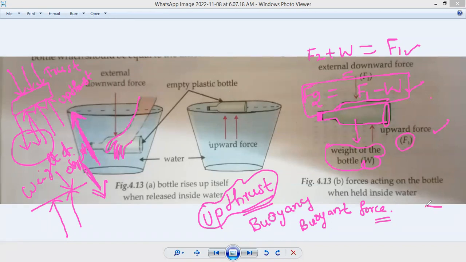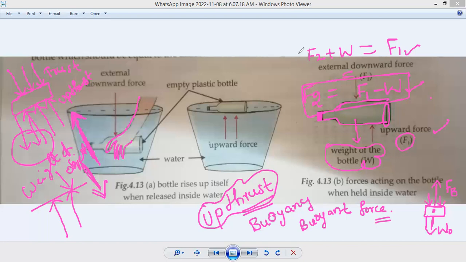You can draw one small diagram and represent the downward force. Suppose you consider this is the center, the downward force is the weight of the object, and the upward force is FB. FB means what? Anybody can tell? Buoyancy force.